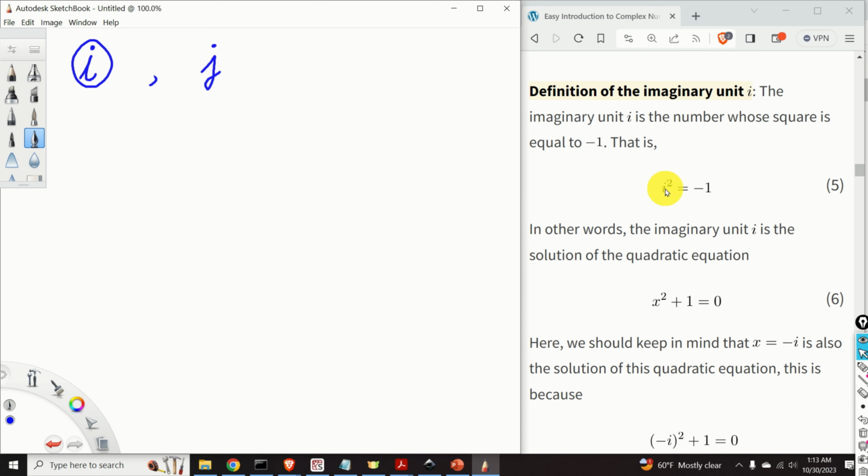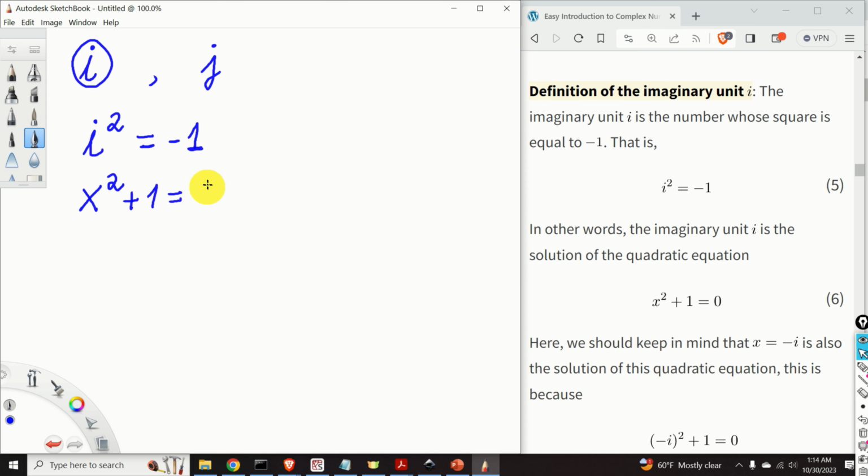That is, i squared is equal to -1. To repeat, we define the imaginary unit as a number that satisfies this equation. In other words, the imaginary unit i is the solution of the quadratic equation x squared plus 1 is equal to 0.